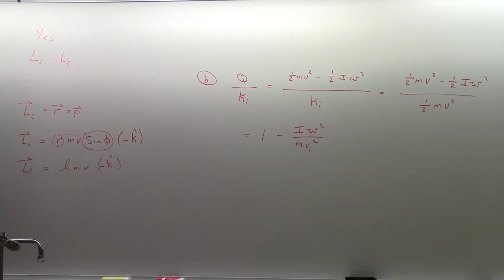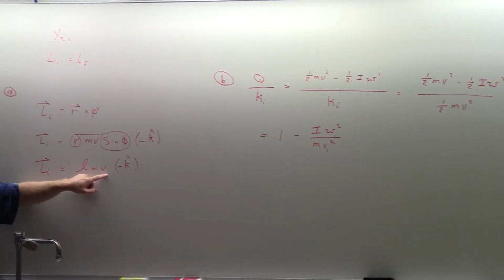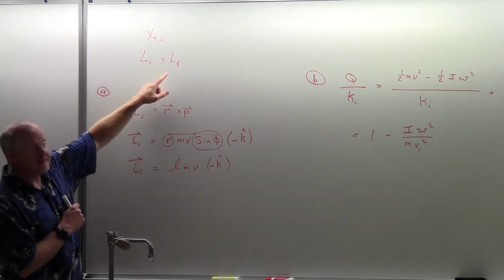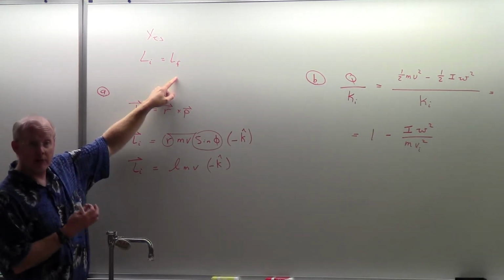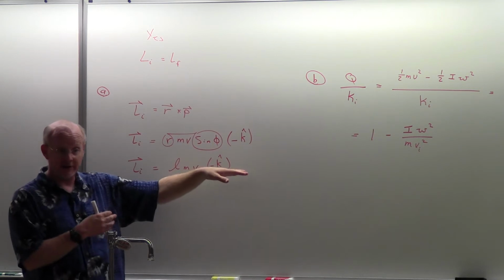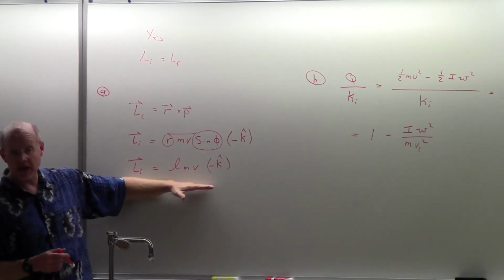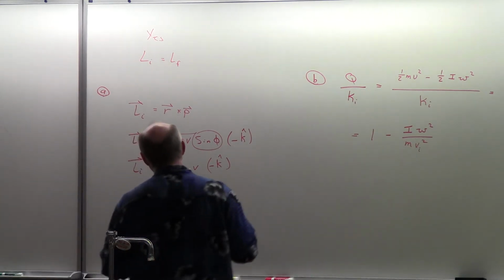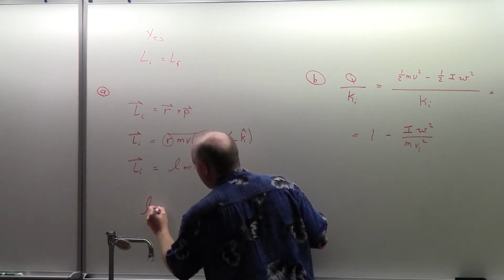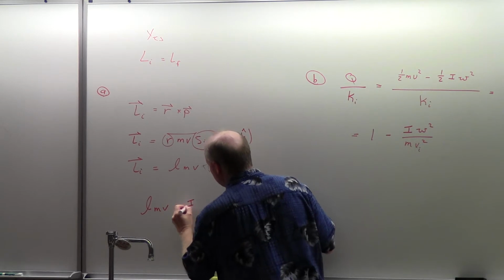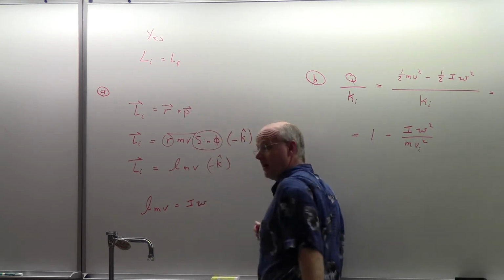How am I going to get it? Well, it really comes from this statement. Is the initial angular momentum related to the initial speed? And is the final angular momentum related to the final angular speed? So when we did A, we stopped right here. But if we went one more step, we could say L equals m v, which is the initial angular momentum, would equal I omega, right?